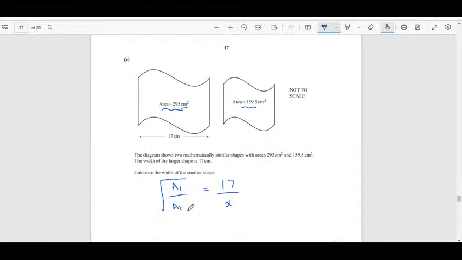Let's do that quickly. So we need to plug in the values directly. Under the root, then fraction. A1 is 295 divided by 159.5.